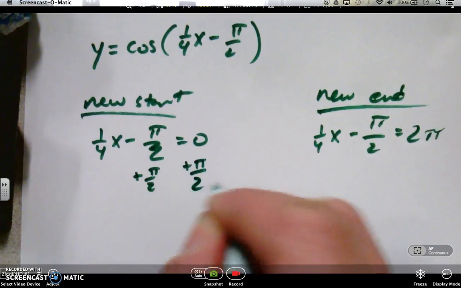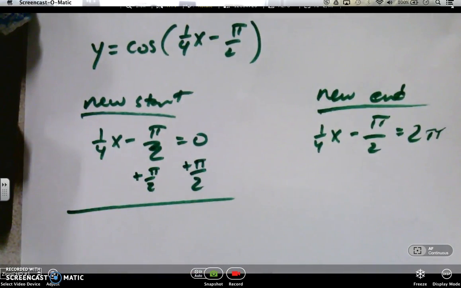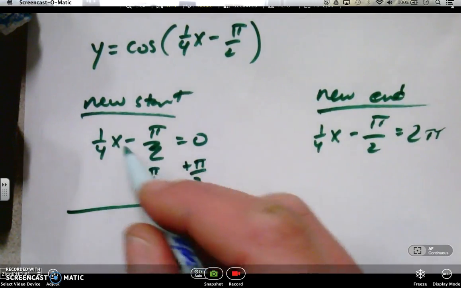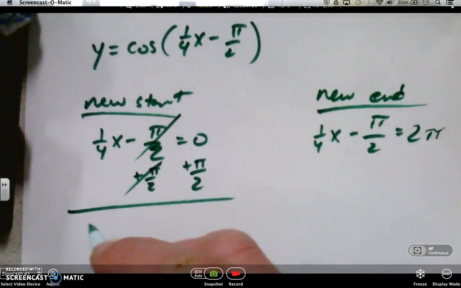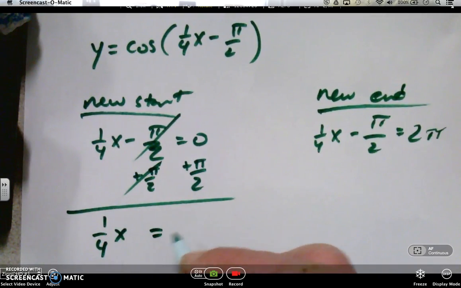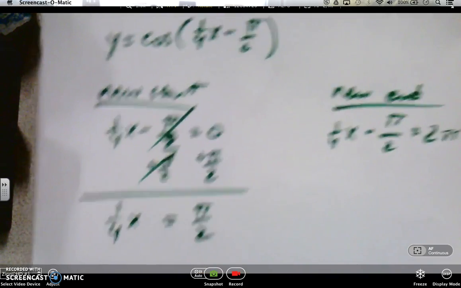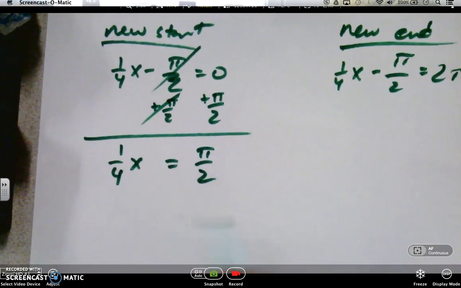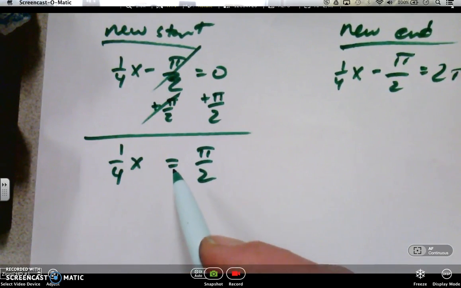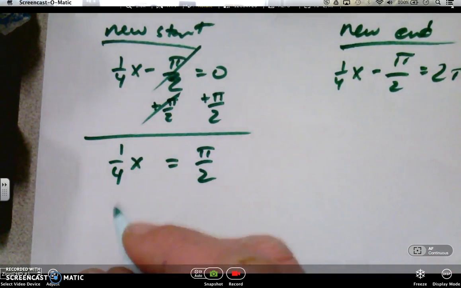So the goal here, ignore the fact that it's a pi over 2, it's just the same idea: get x alone, so add this to both sides. It's just like we did in Algebra 1. Okay, now 1/4 x equals pi over 2. Be careful right here. A lot of people will say, okay, let's just multiply both sides by 1/4. You don't want to multiply by 1/4.